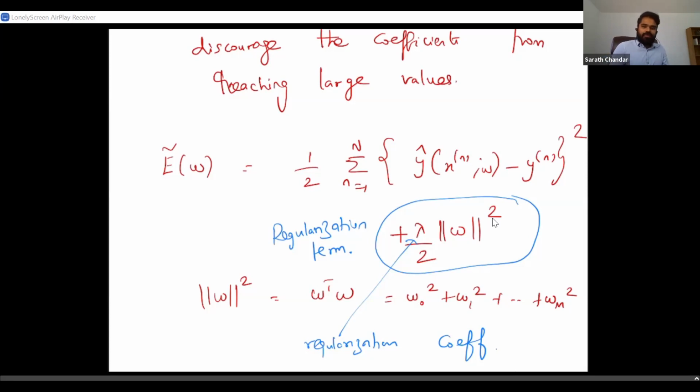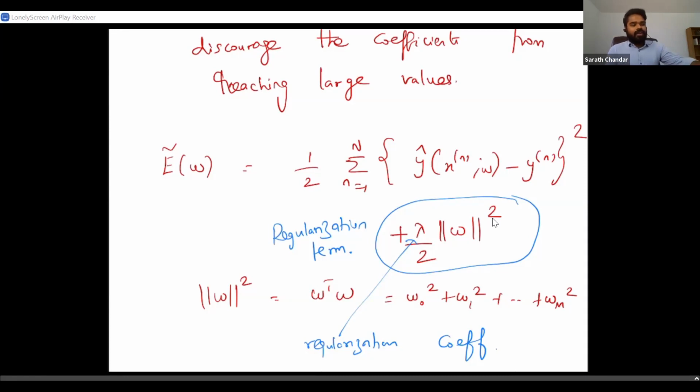Now let's look at this error function. It is still a quadratic function with respect to w, so it still has a closed form solution.